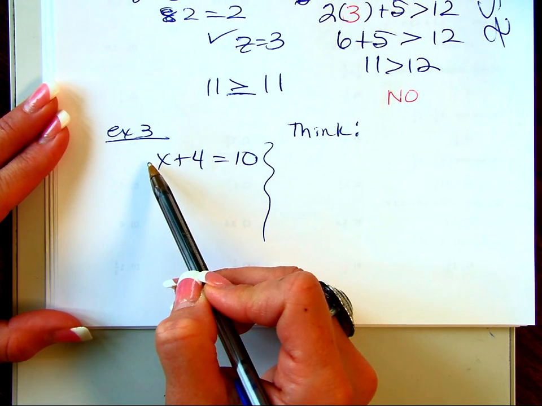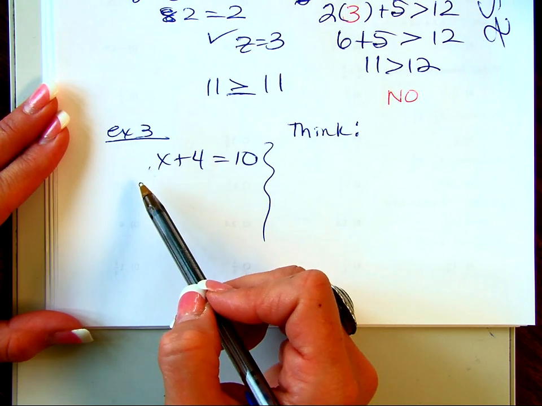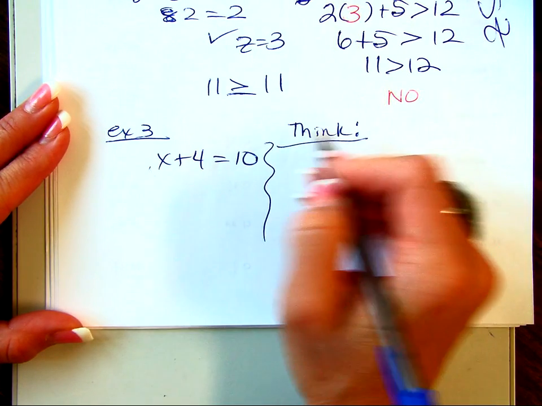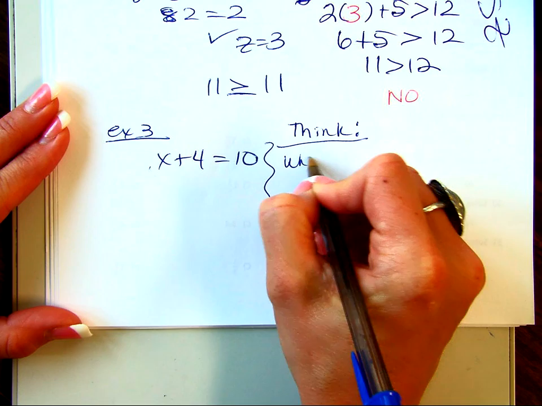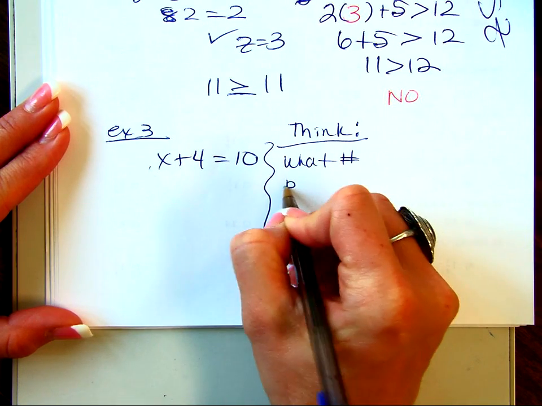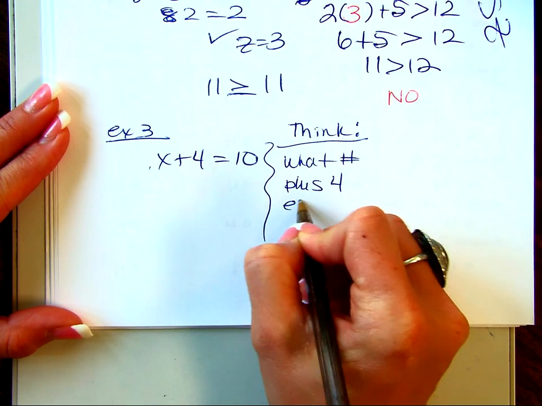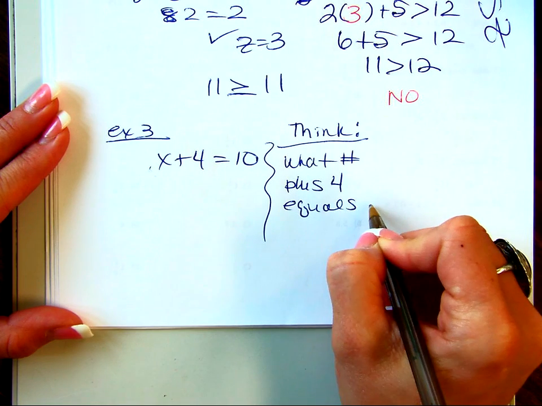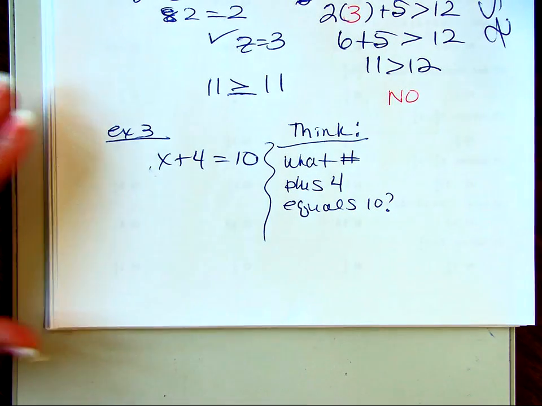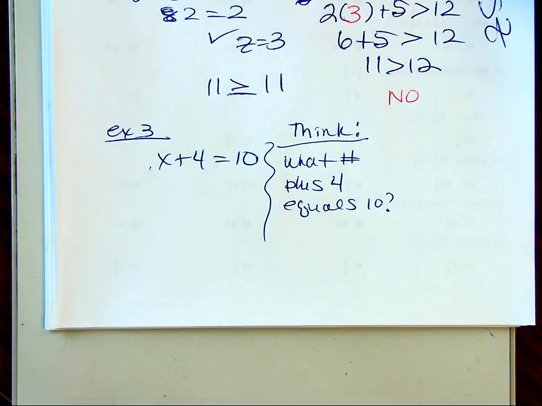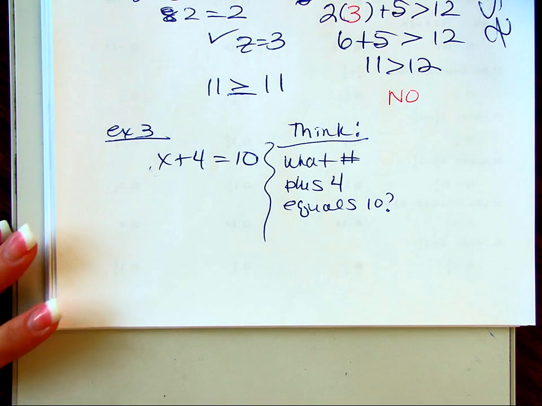What number am I? That's really what an equation is. So if it's asking you to think, what number plus 4 equals, we'll use the correct word, not just is, 10. And when you think about it like that, I know that you are very procedural kids, so I know what you're going to do.